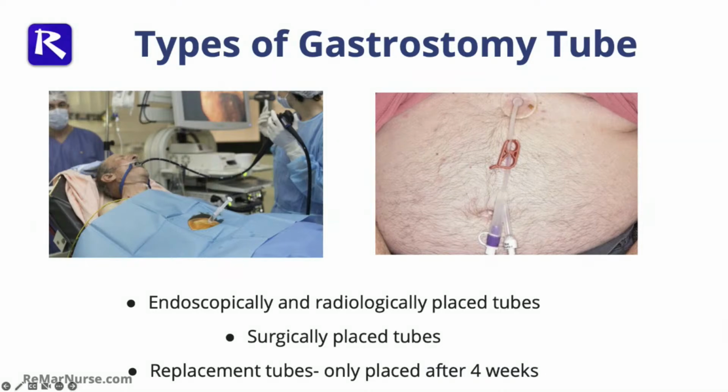Replacement tubes are sometimes needed, and actually, when a tube is newly inserted into the patient, we are being so intentional that we do not have to touch that tube until it matures. Once it matures, after about 4 weeks, then if something goes wrong with that tube, it's able to receive a replacement tube.